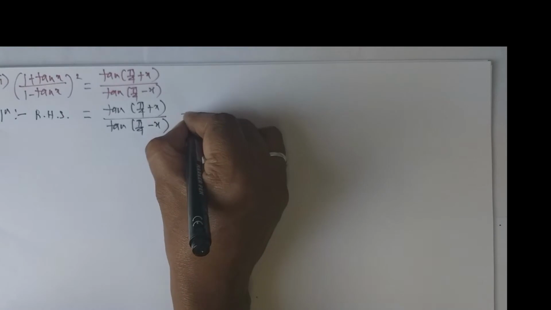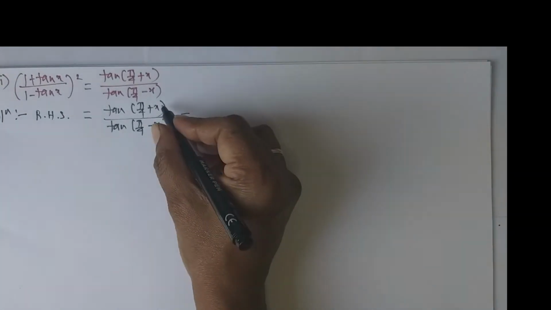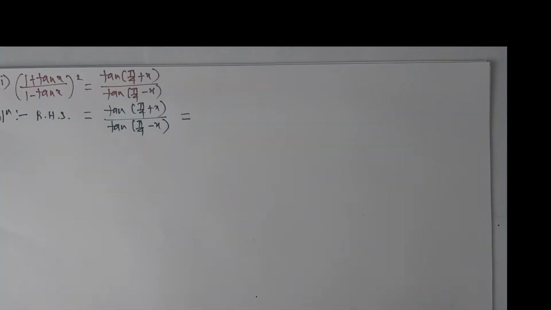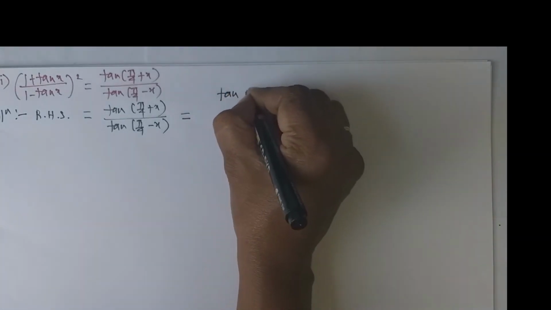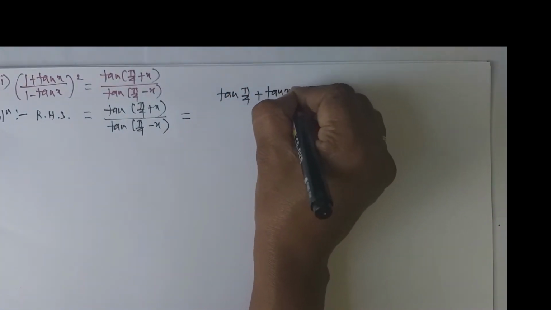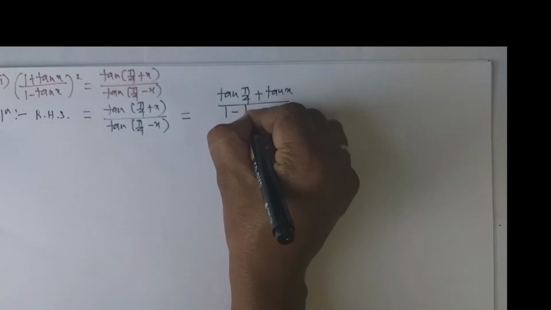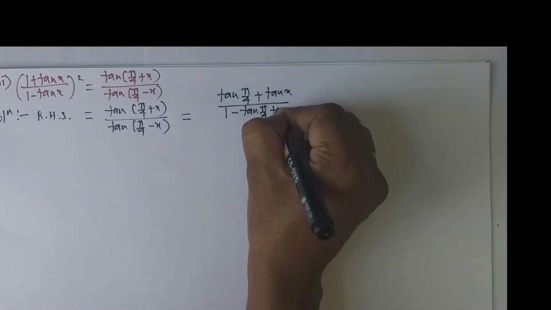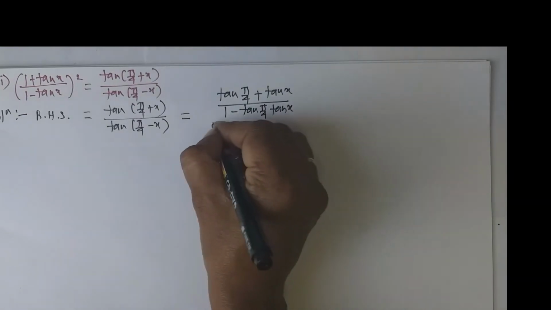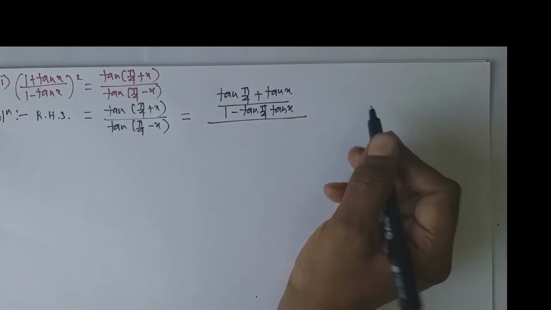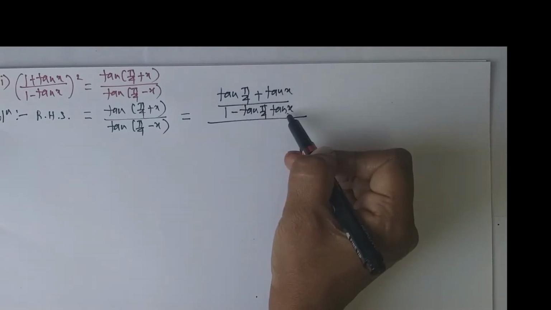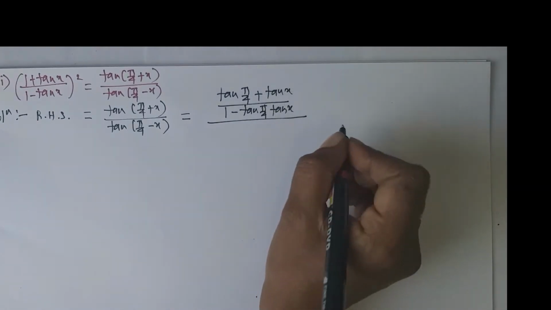Here I will use the formula of tan(a plus b) in the numerator and tan(a minus b) in the denominator. What is the formula for tan(a plus b)? That is (tan a plus tan b) divided by (1 minus tan a tan b). Here a is pi by 4, b is x.